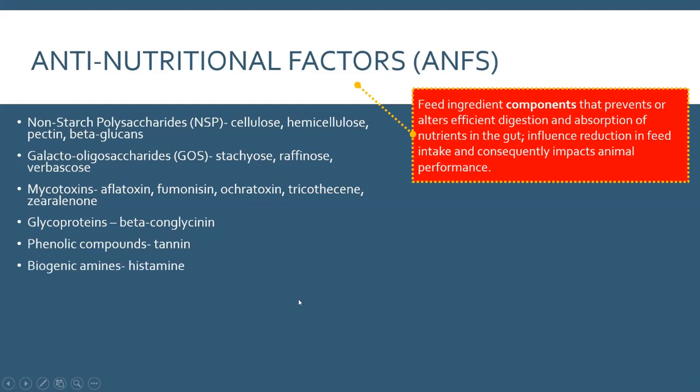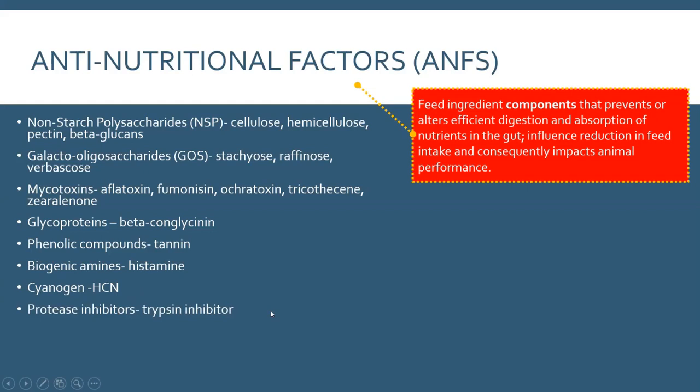Histamine, or generally classified as biogenic amines, are mostly found in animal proteins like fish meal. Cyanogen, so if you're familiar with cassava root, cassava meal, cassava chips, they usually have high levels of hydrocyanic acid or cyanogen, which reduces feed intake of the animals.